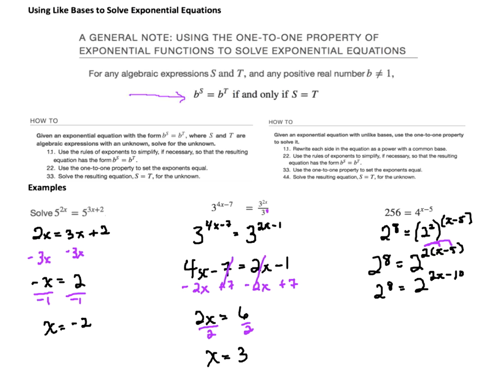And now that I have exponential expressions of the same base on either side, I can equate the exponents. 8 equals 2x minus 10. I'm going to add 10 to both sides. And that gives me 18 is 2x. Divide both sides by 2. And I get x is 9. And you could certainly plug it back into the original equation to check it.